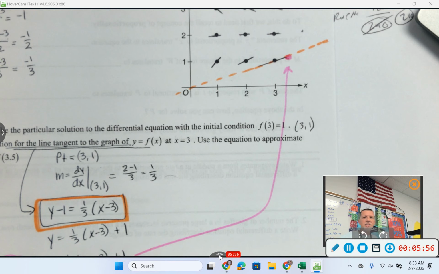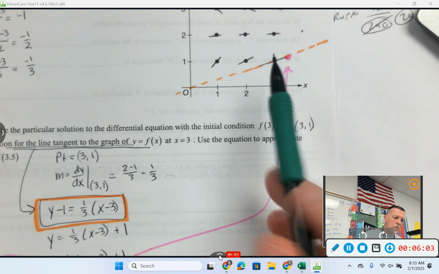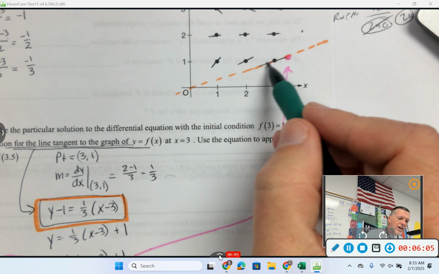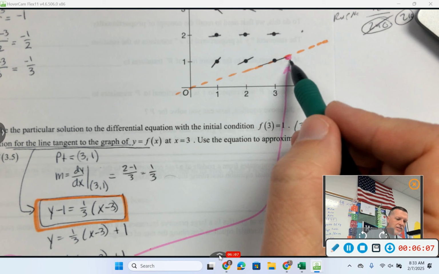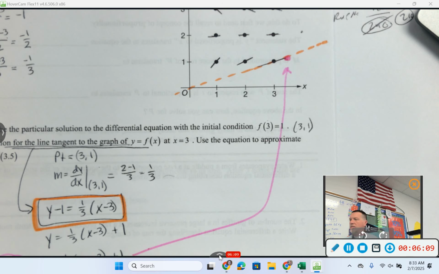But our function probably doesn't follow that exactly, but the idea is it's probably close to that, because we know it goes through this point, and this is the tangent line, so we would think that's a pretty decent approximation for f of 3.5.